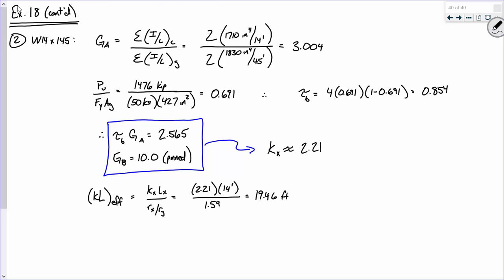Is it worth doing the interpolation? Yes, it is. So phi PN at KL equals 19 feet is 1510, and phi PN at KL of 20 feet is 1470.